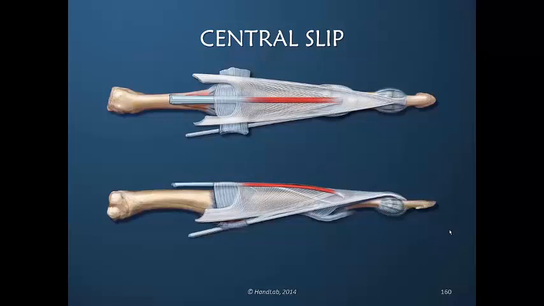But the challenge is the fact that many individuals use the term central slip for the specific insertion within the dorsal apparatus. We have clarified that the central slip is the central portion providing tension, and the central slip insertion is specifically called an insertion.